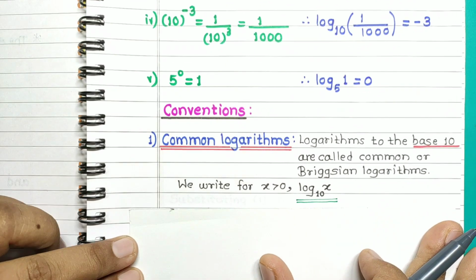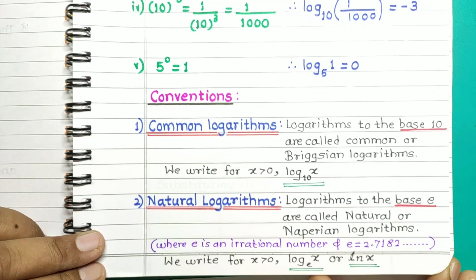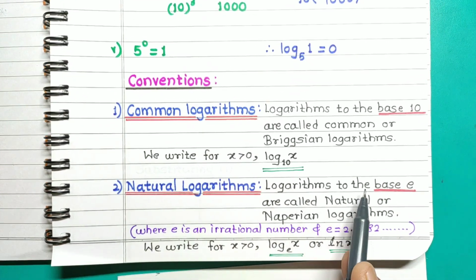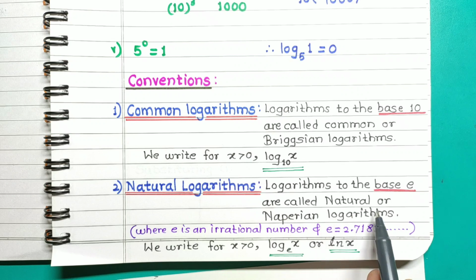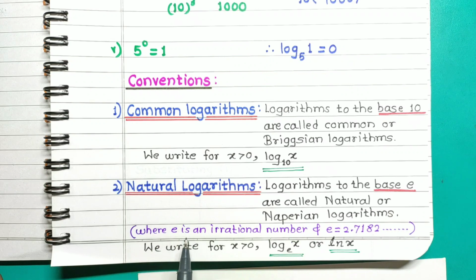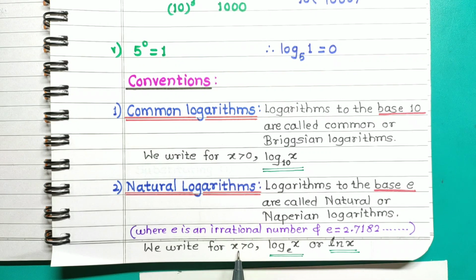Then the next convention is natural logarithm. Logarithms to the base e are called natural or Naperian logarithms. We know that this e is an irrational number with the approximate value 2.7182 and so on. We write these logarithms, for x greater than 0, as log of x to the base e, or simply as ln of x, with small l and n.